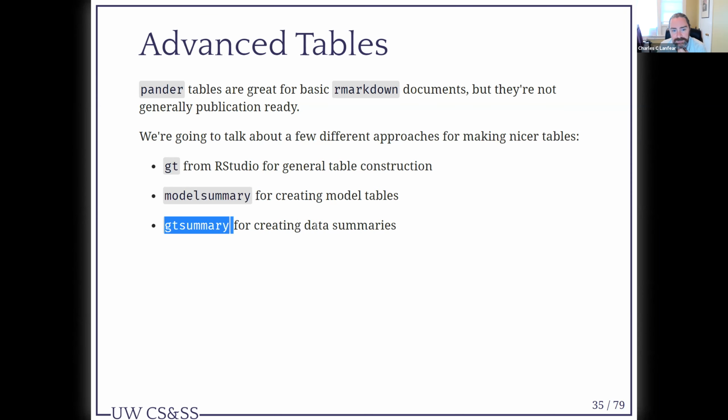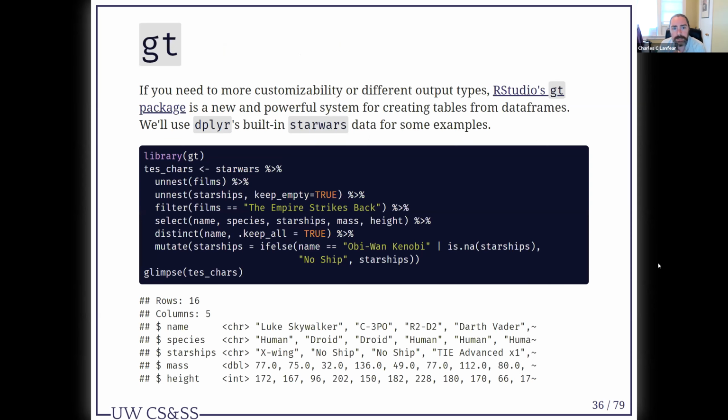And then GT summary for creating data summaries, summaries of your data. GT summary can also do models, but I think model summary has a better syntax for it. I will also briefly talk about a package that I have recently come to love the way I love few other packages called Flex Table. So we'll get there.